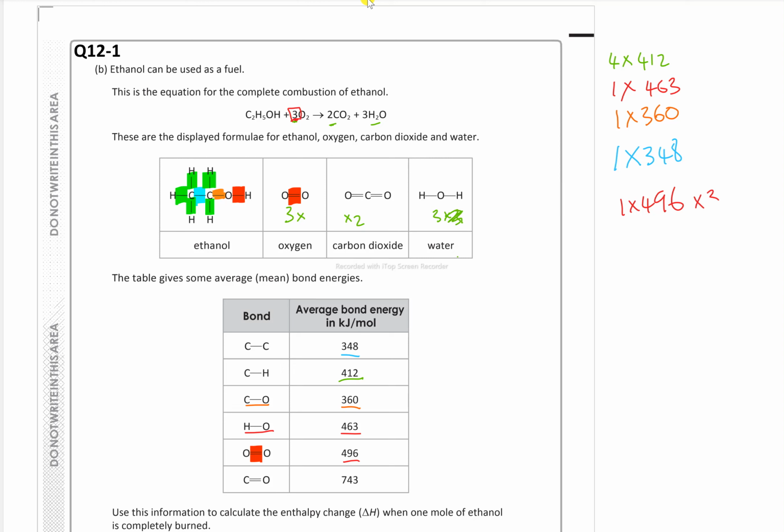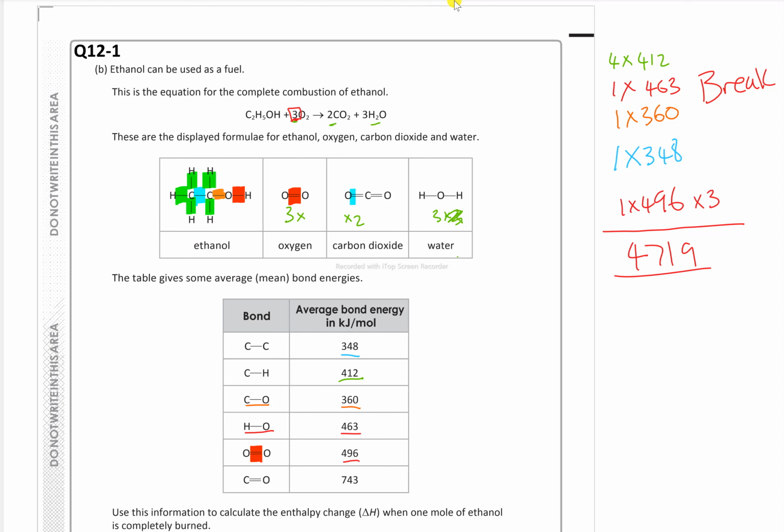So it's times 3. Now we're done on this side. If we add all of them, we should get 4719. So this is break.